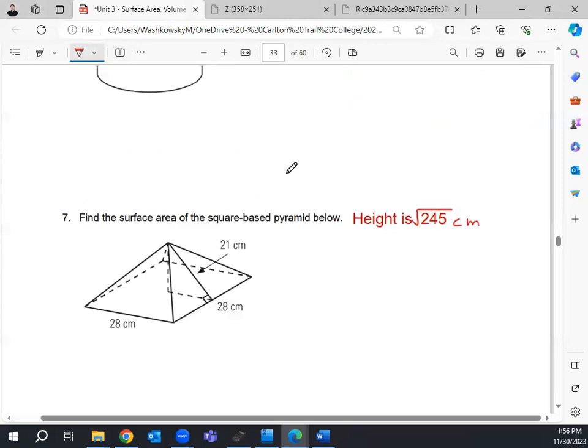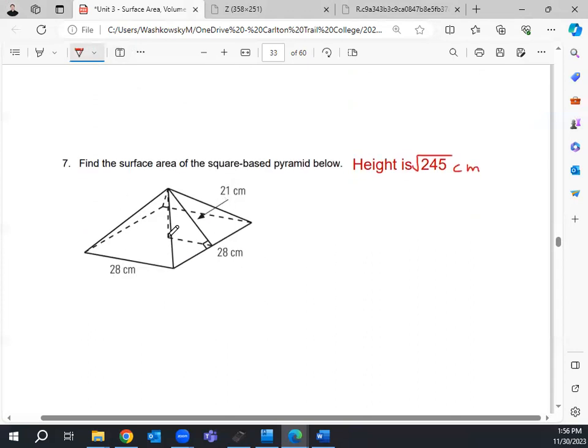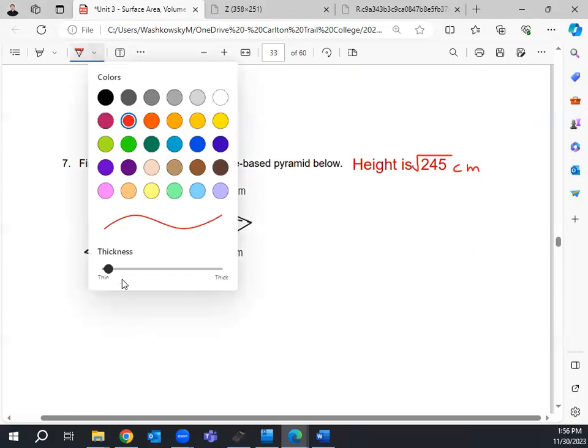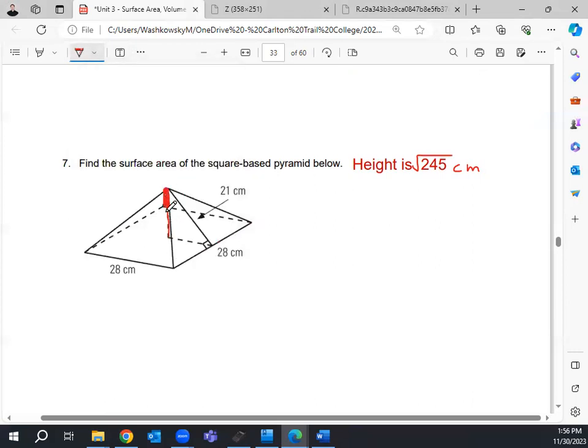So question 7 on page 32, the height, this red line here. Make that a little bit thicker. This red line here, that is the square root of 245. So I'll just give that to you. We will eventually learn how to do that later. Pyramids, you need the true height. The only thing you don't need the true height for is a cone.